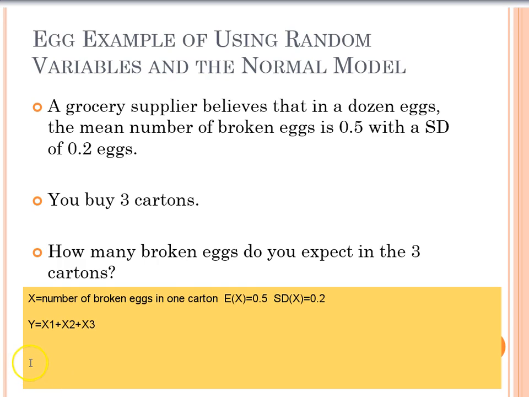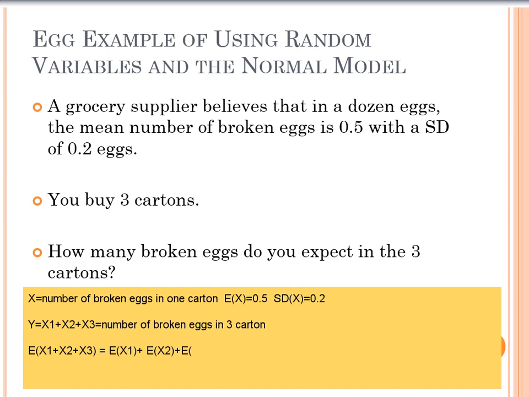What we want to find next is then the expected value of those 3 cartons. And so we can just use our rules for the expectation operator of a linear combination of random variables. And the expectation operator says that we can take each of those separate cartons out and evaluate them separately and sum up their expectations.